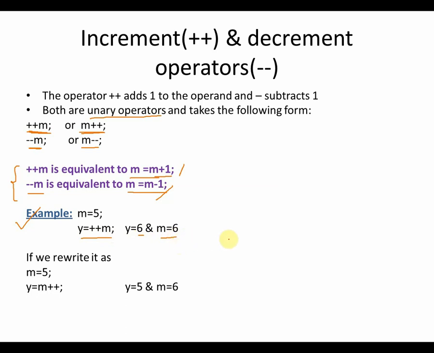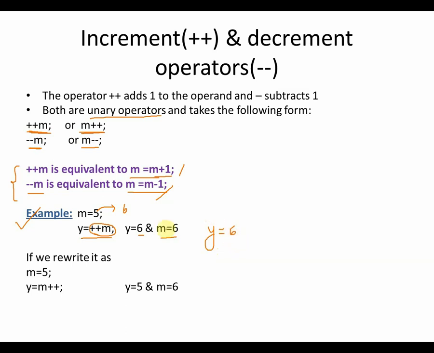So basically what will happen is that first m will be incremented. So m will be incremented from 5 to 6 first, and then that value will be assigned to the variable y. So that's how y will also take a value of 6.